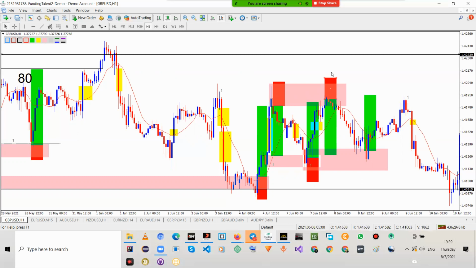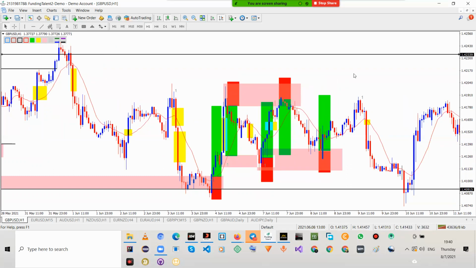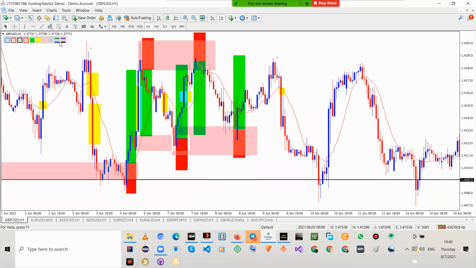So another trade here. Another trade here. I just stopped explaining because I now know that you got the idea. I'm just going to measure another fair value gap right there. I'm using my finger instead of the mouse. I hope you can see the mouse. Another fair value gap right here.